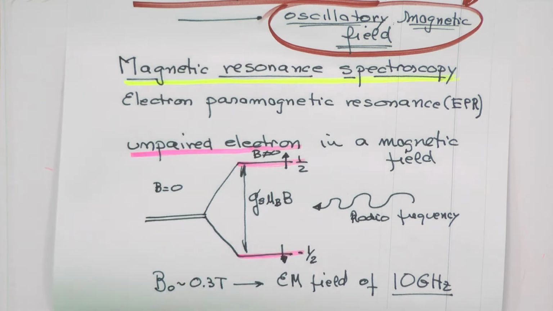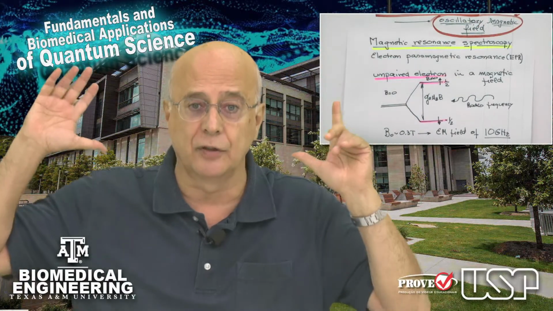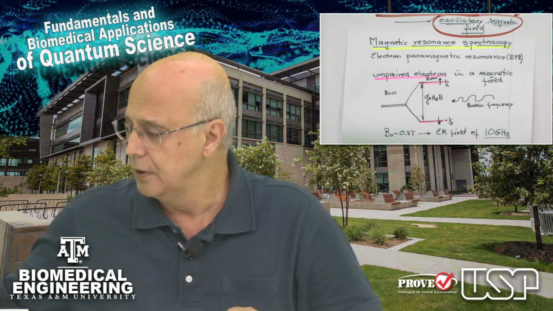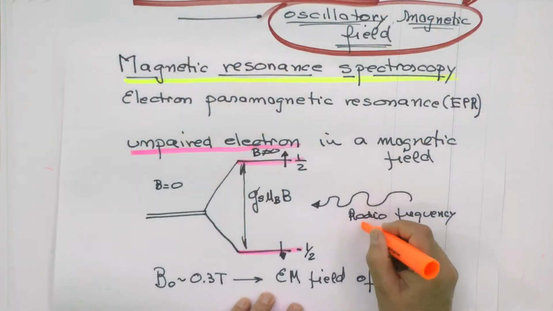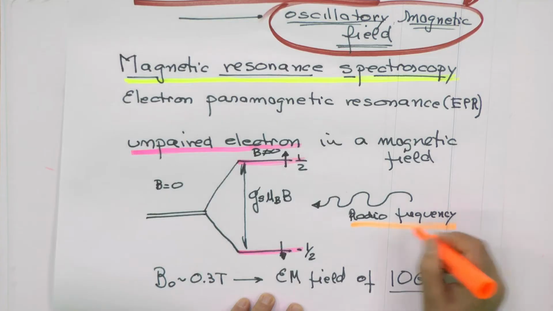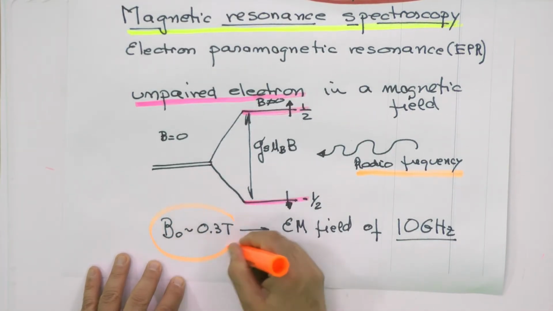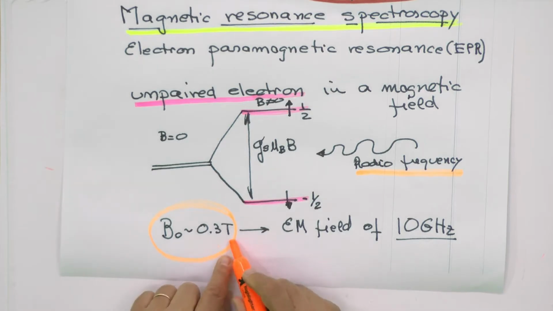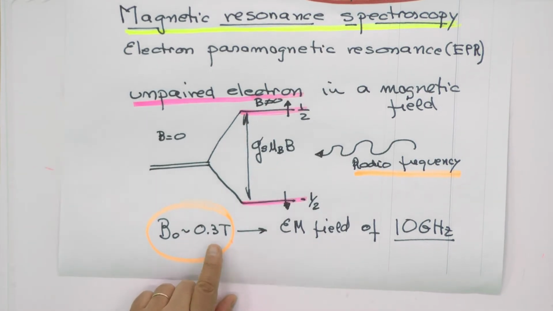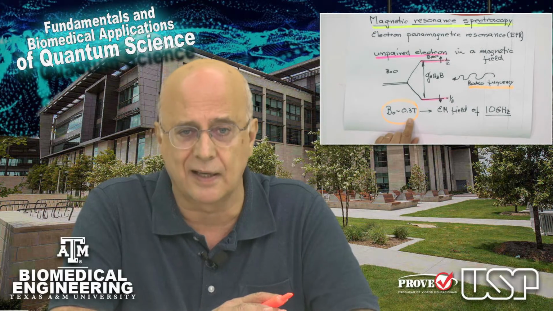And we apply this field, we know this field, and we come with the radiation, normally in the radio frequency. Because you see, if I apply a field of 0.3 Tesla, this is already a large field, it's about 3,000 Gauss.